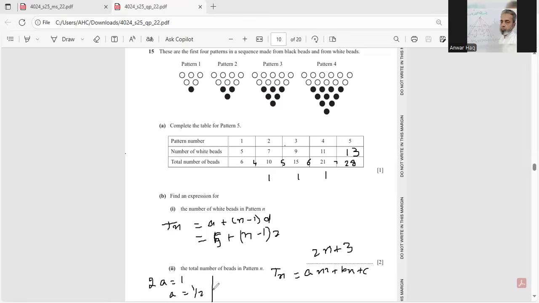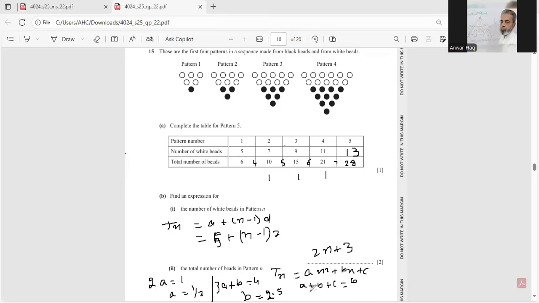For value of b, we write 3a plus b is equals to the first difference, that is 4. So from here, b is equals to 2.5. So using the value of a, that is 1 by 2, you will get b is equals to 2.5. And for c, we will write a plus b plus c is equals to the first value, that is 6.